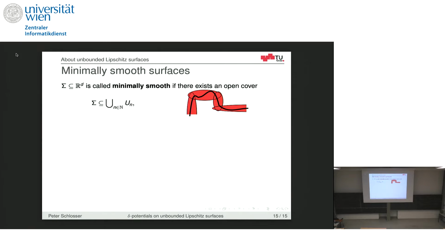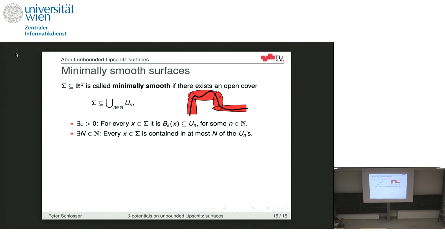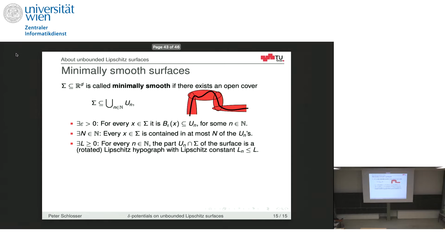So what you do is, for unbounded Lipschitz surfaces, you find a cover of this boundary, an infinite, countable cover, and then you have to assume some properties. Okay, you have some epsilon neighborhood of this surface that should be inside this cover. Locally, there should be at most N of these U_n inside this cover.